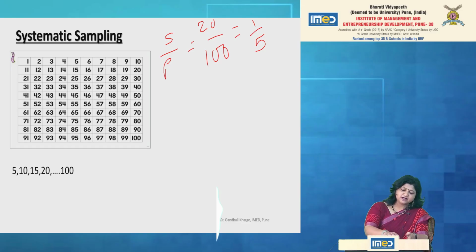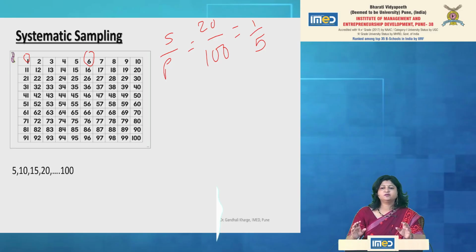Suppose I started with the first. Then the next fifth, that is first, second, third, fourth and fifth, so the sixth person will be my respondent, and so on. I will collect the data from the 20 people from the population.